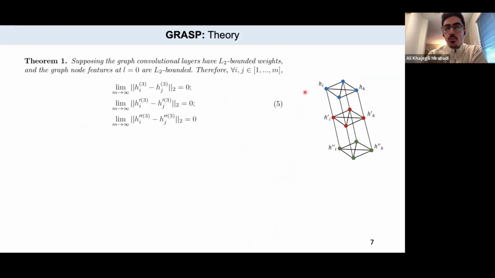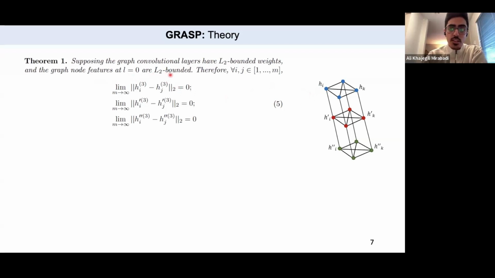And also because we usually use an L2 regularizer, our weights are bounded. The second assumption is that our features, when we build the graph, are also L2 bounded, which means that our feature encoder is basically a really good feature encoder, and it doesn't give us NaN values for the feature values.